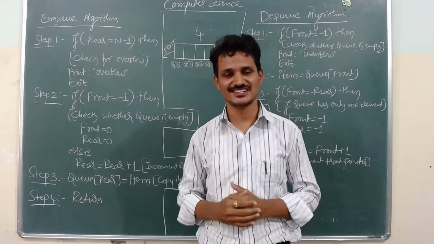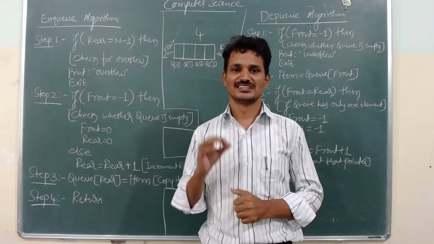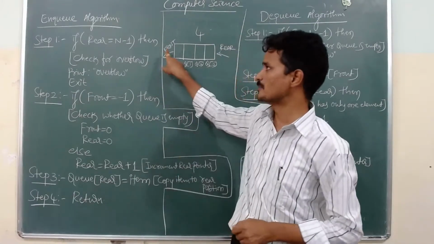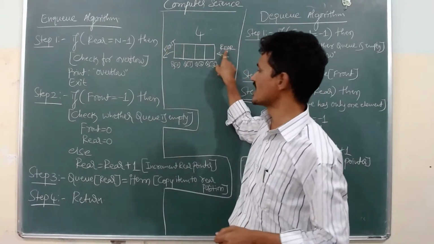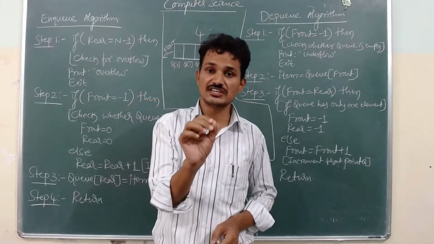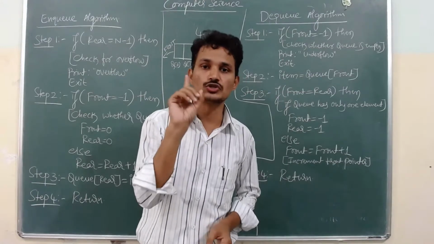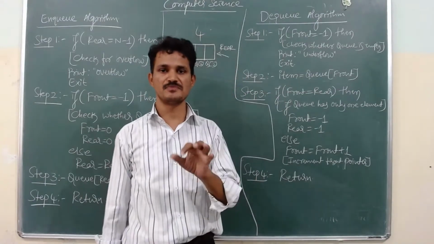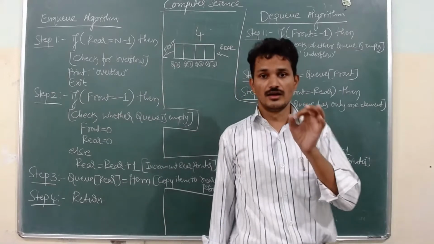Initially, when the Queue data structure is empty, look at the positions front as well as rear. There you can see front and rear will be pointing to -1. This is the most important point.